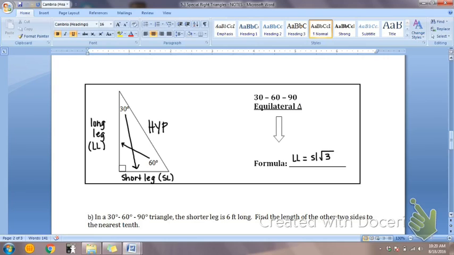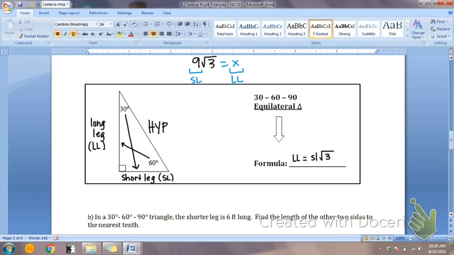And the short leg was 9, and our answer turned out to be 9 radical 3. I would make a note that this 9 came from the short leg, and this x came from the long leg. So you do have long leg equals short leg radical 3.